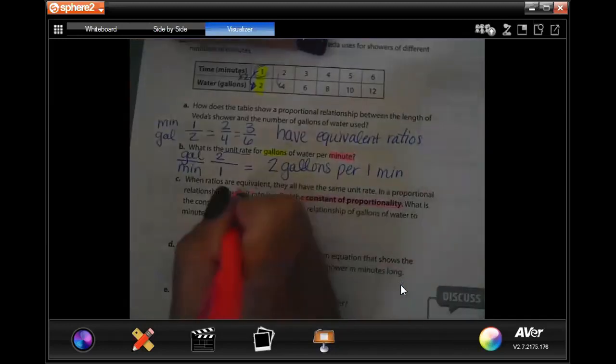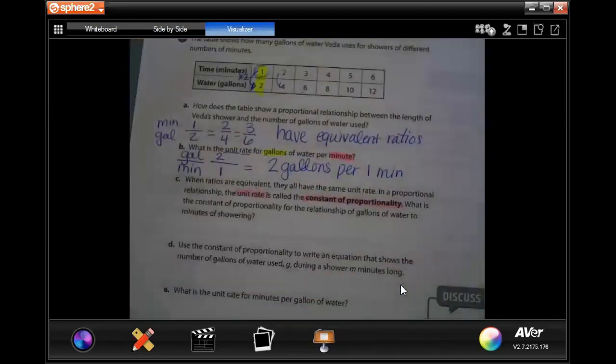So all unit rates are actually called constants of proportionality. So if I asked you, what's your constant? You're going to tell me what the unit rate is. Or vice versa. If I said, what's the unit rate? You're going to give me the constant. Those are the same thing.